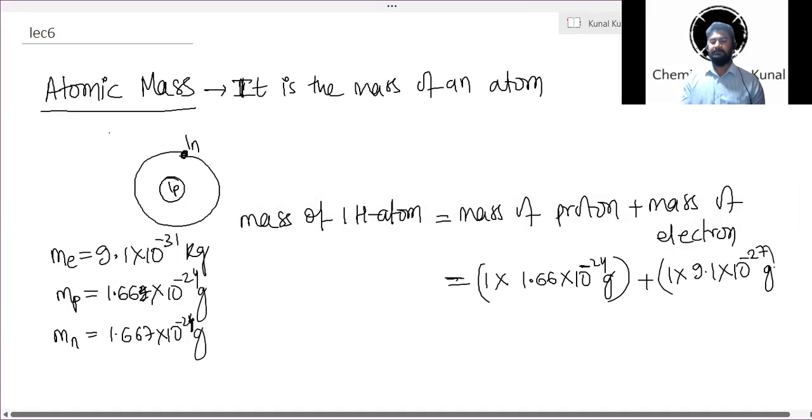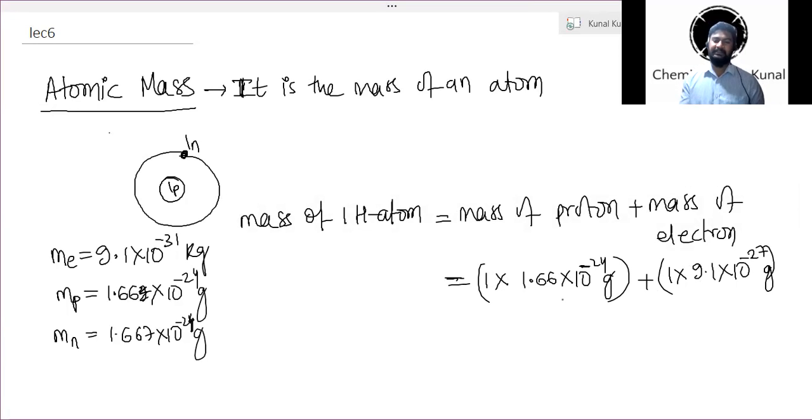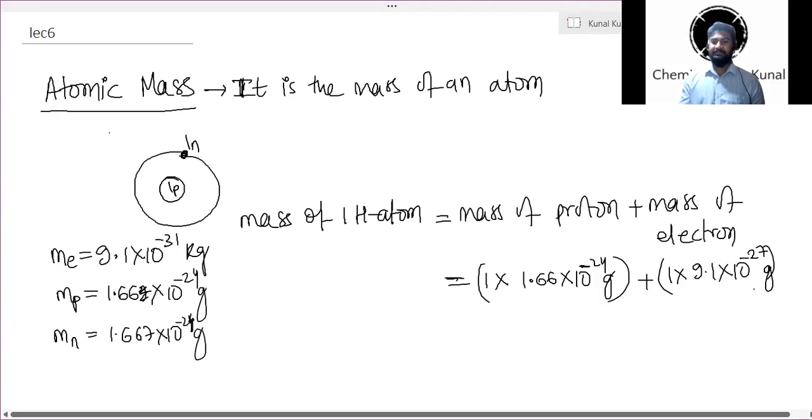Now, can we add 10 to the power minus 24 and 10 to the power minus 27? It's like adding 10,000 with 1. Does it make sense? No. Adding 1000 with 1 also doesn't make sense. This is a very small value. I can ignore it. So we can literally ignore the mass of the electron every time.